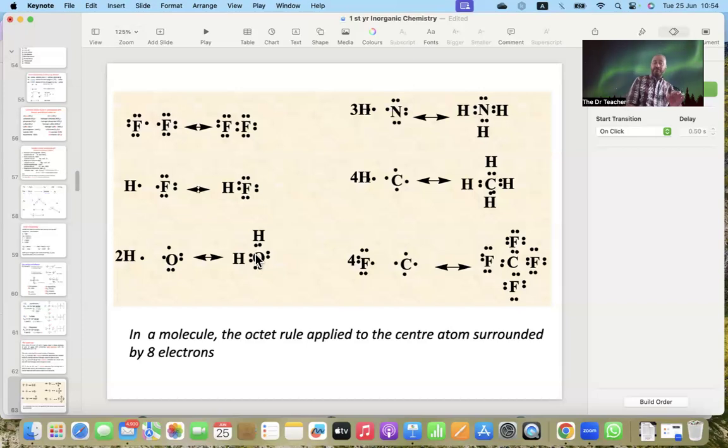The oxygen in the water obeys the octet rule. CF4 is similar. In a molecule, the octet rule applies to the central atom surrounded by 8 electrons. So the octet rule belongs to the central atom, not the surrounding atoms.